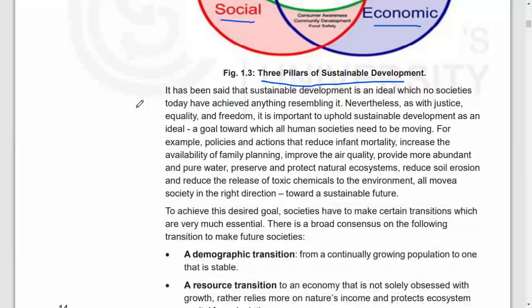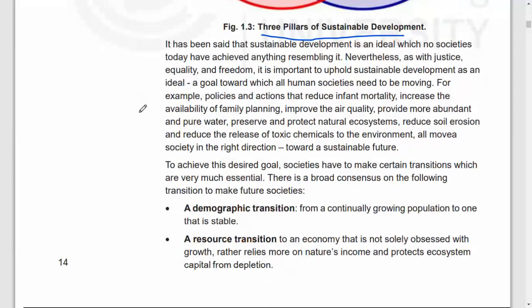For example, policies and actions that reduce infant mortality, increase the availability of family planning, improve the air quality, provide more abundant and pure water, preserve and protect natural ecosystems, reduce soil erosion, and reduce the release of toxic chemicals to the environment all move a society in the right direction towards a sustainable future.